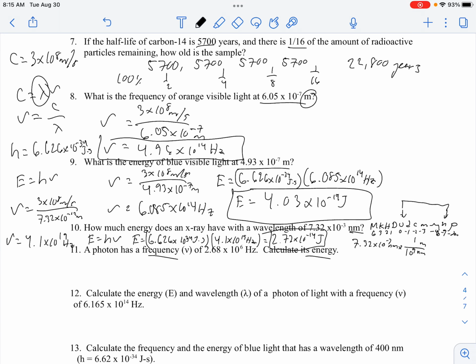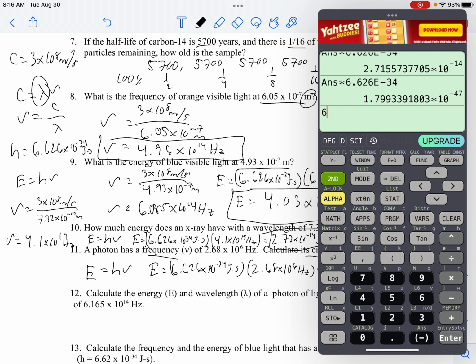Next, we have frequency, calculate its energy. Since I'm already given frequency, I can plug it straight in. So E is equal to 6.626 times 10 to the negative 34 joules per second times my frequency, 6.626 e negative 34 multiplied by 2.68 e6.